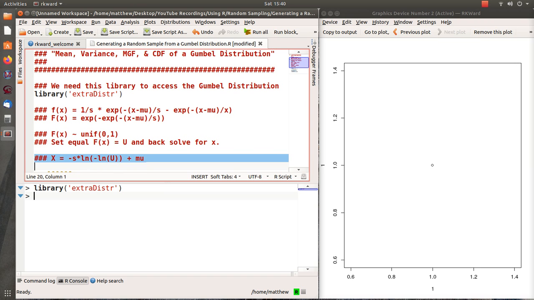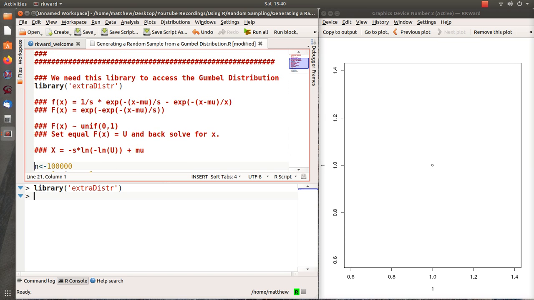And so when we back solve, we get this. So x is equal to this expression, where u is the uniform 0-1 random variable, and the values we get out follow a Gumbel distribution.